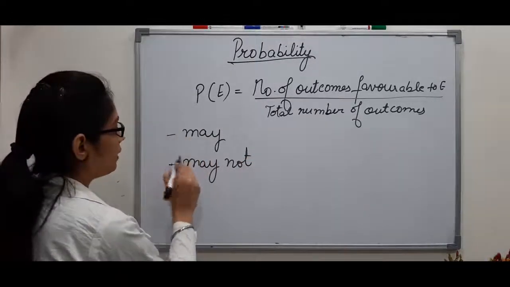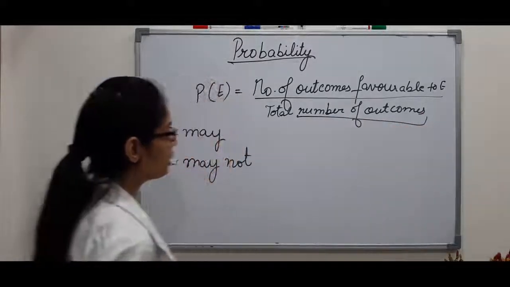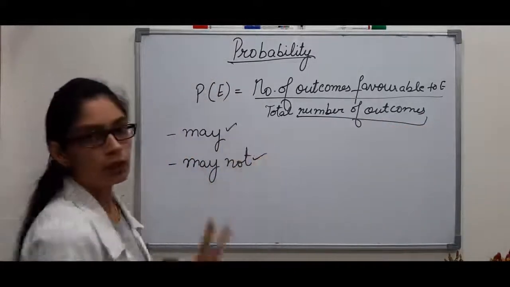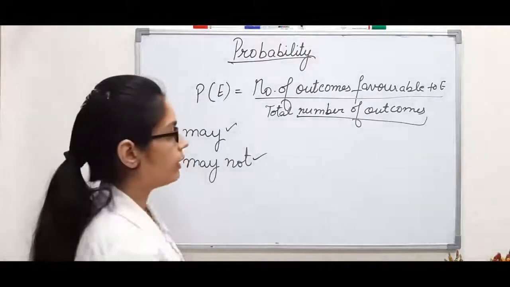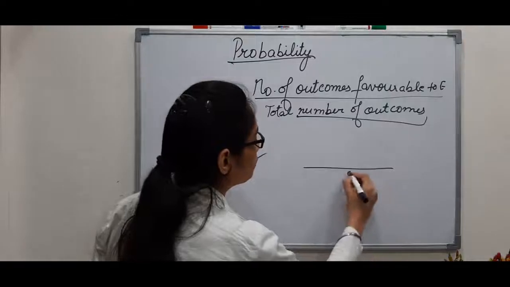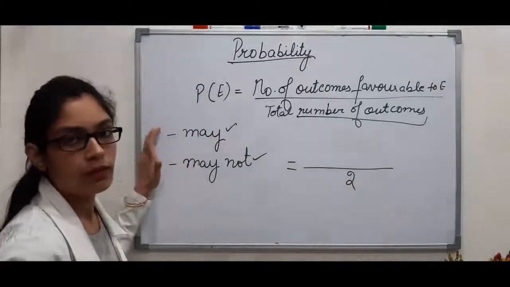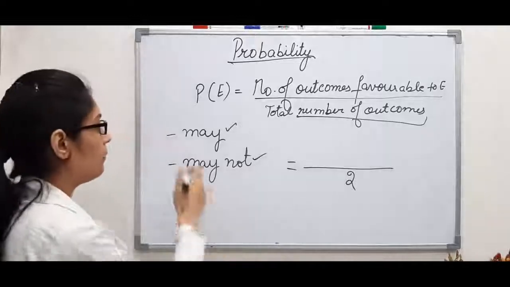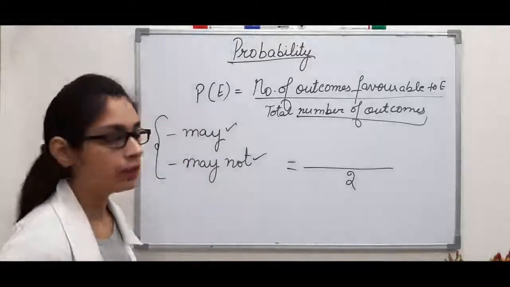So here my total number of outcomes will come. I have two outcomes. Two means it may rain or it may not rain. So total number of outcomes will be 2. If I am looking at this event or this experiment, I can say this is my experiment, whether it will rain or it will not rain.